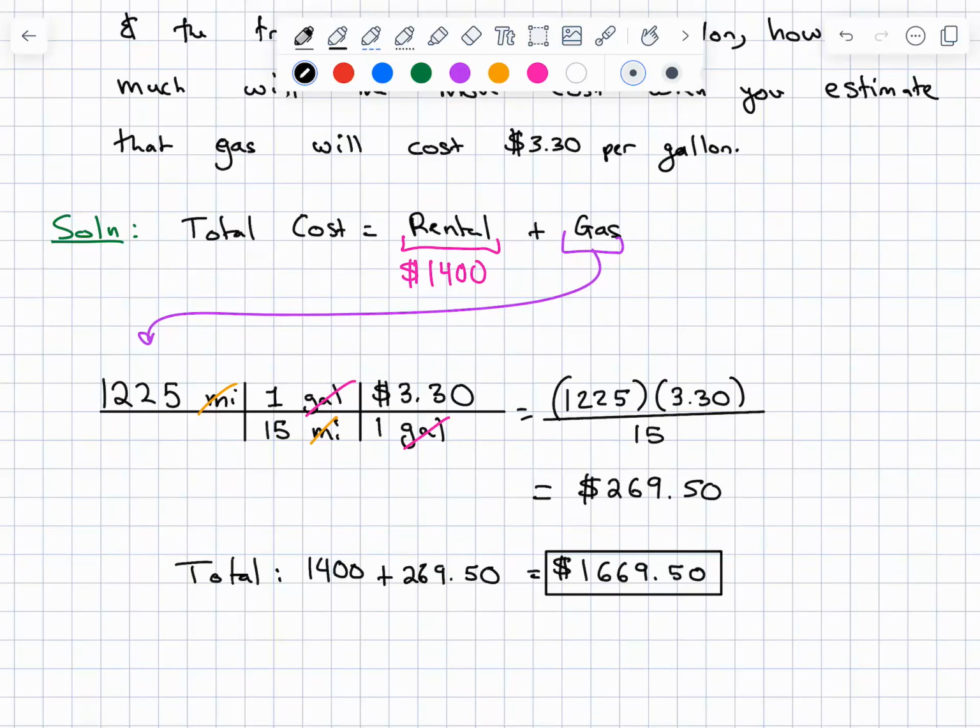All right, any questions on that? Yes. Yeah, because it's asking for the total cost of the travel, that's why we needed to add the 1,400. But if it was just asking for how much is it costing in gas, then we just write the $269. That's a very good point to bring up. So remember, read these questions very carefully, because on your homework and on the quizzes, they won't see the partial credit.